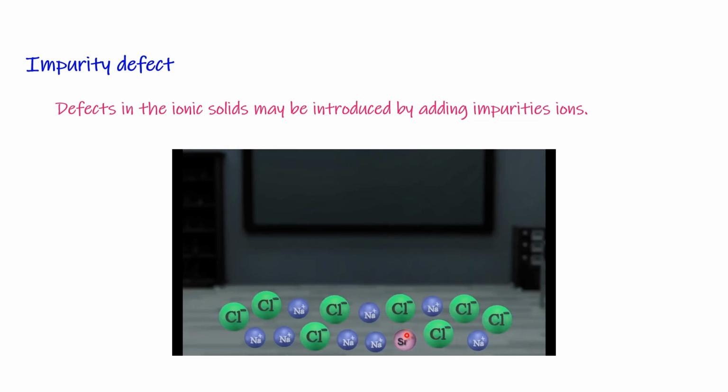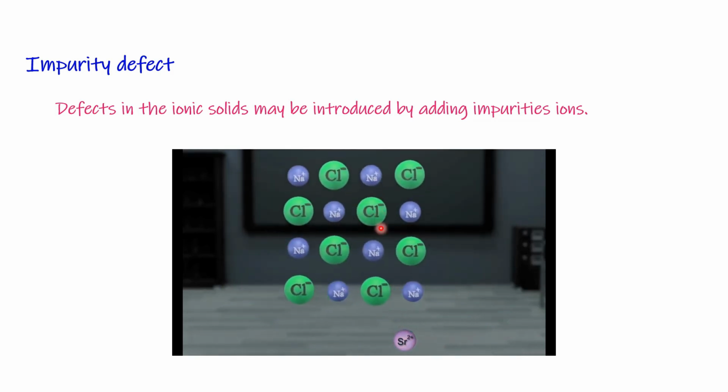Here strontium chloride acts as the impurity. So during crystallization, 2 Na+ ions are replaced by one strontium 2+ ion. To maintain electrical neutrality, for every Sr2+ ion, 2 Na+ ions are removed.